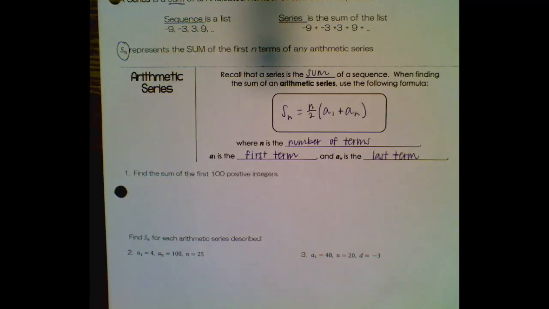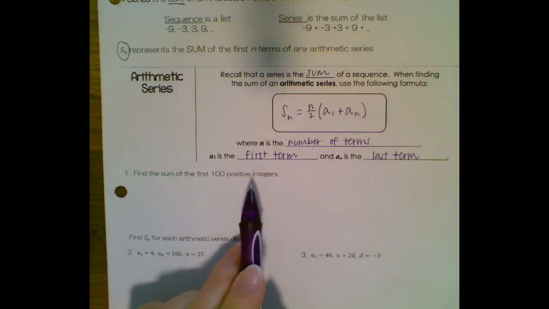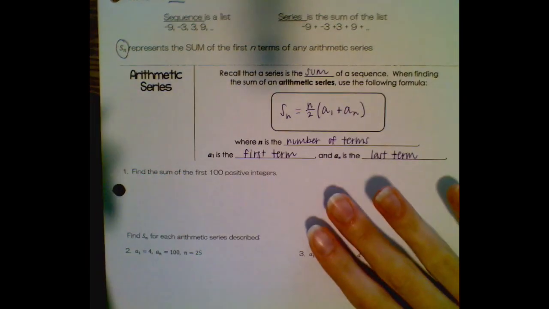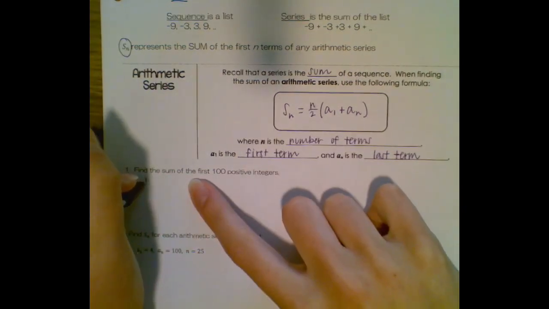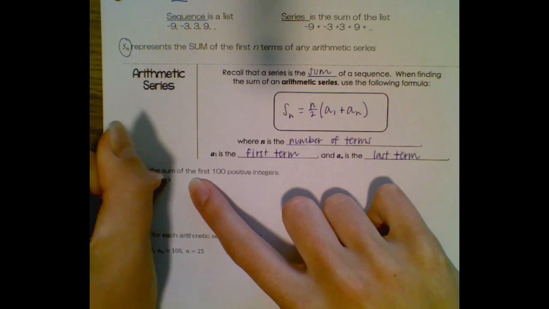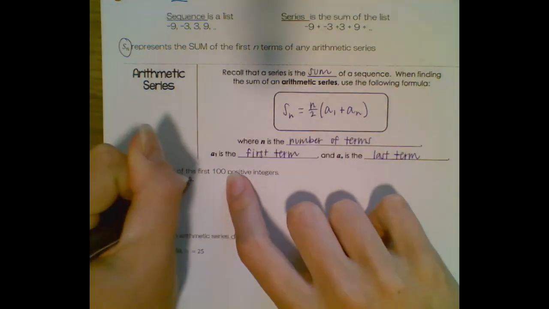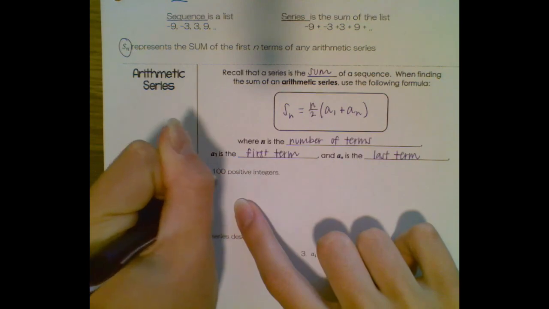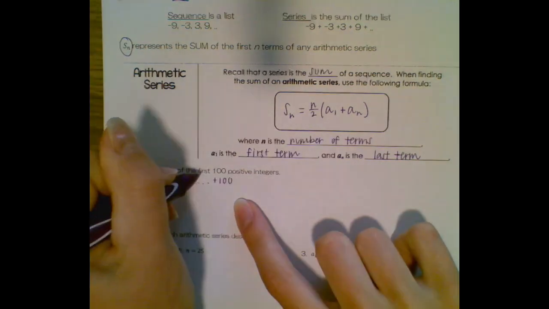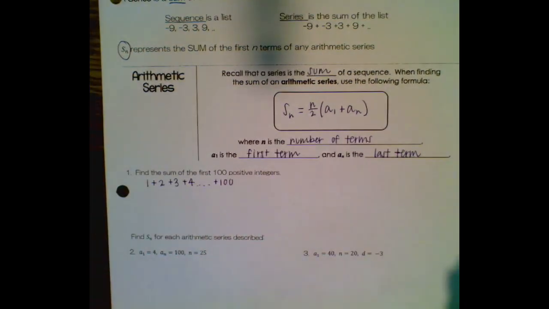Okay? All right, so let's find the sum of the first 100 positive integers. Integers meaning like your whole numbers, and we want the positive ones. So we have 1, 2, 3, 4, all the way to 100, because we want the first 100 positive integers. That's a lot.